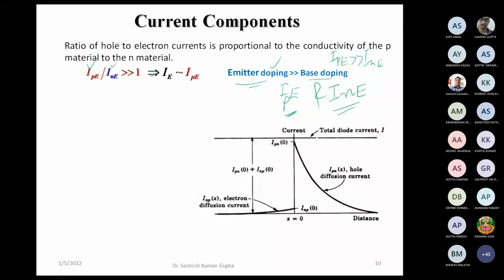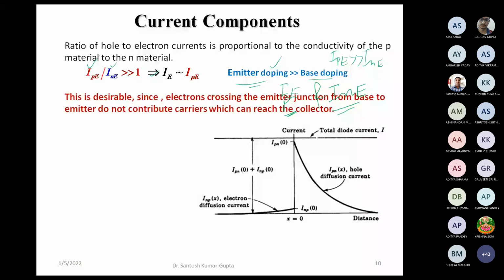Because the injection of electrons from the base is very small, it is sometimes neglected, and the emitter current can be said to be solely due to hole injection from the emitter to the base. That is just an approximation.